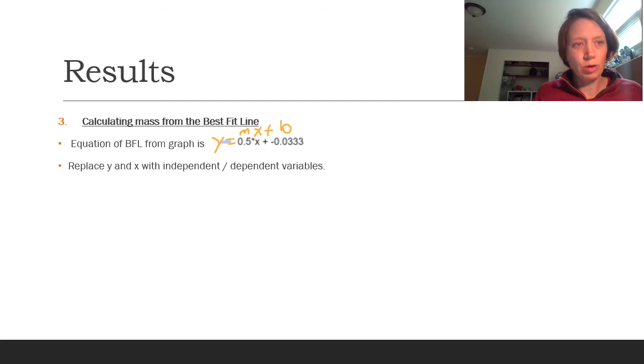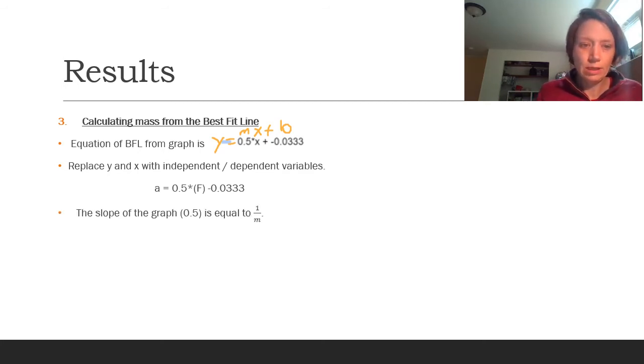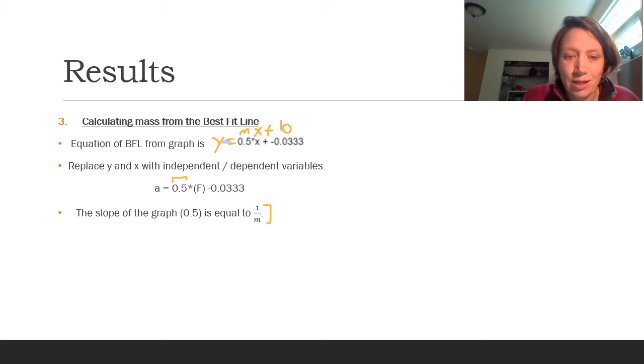So now I'm going to rewrite that equation with the independent and dependent variables for my experiment, which looks like this: A equals 0.5 times F minus 0.0333. So I've replaced it with the x and y axis variables that I was graphing. And we remember that the slope of the graph, which is 0.5 according to this equation, should be equal to 1 over m, based on the fact that when I put that equation into that format, that was the m value of the equation.